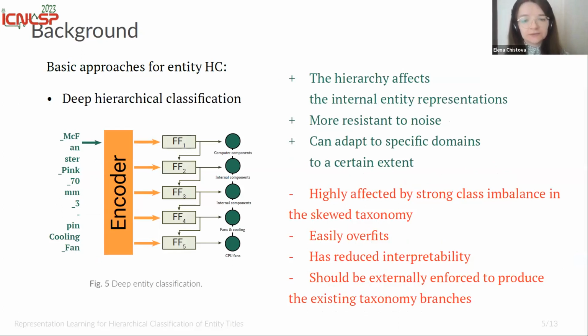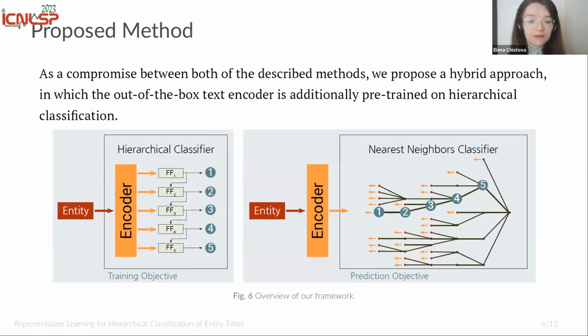However, deep models often overfit on the natural class imbalance in data, lose some interpretability, being black boxes, and need constraints to ensure valid taxonomy branches. Both these approaches have limitations.